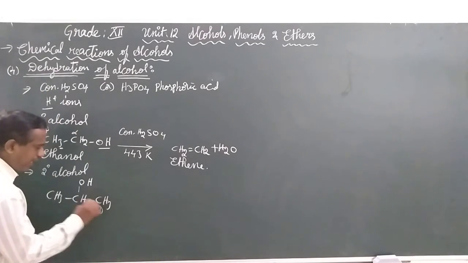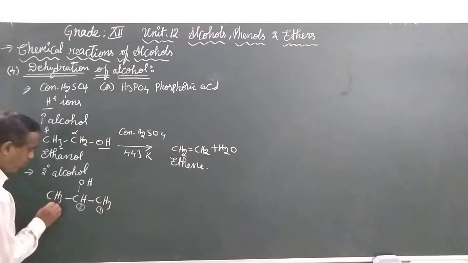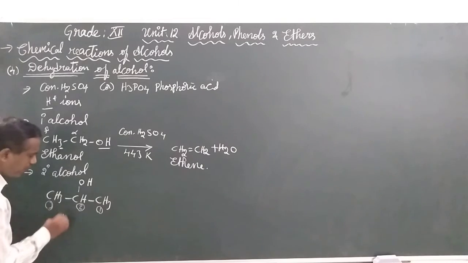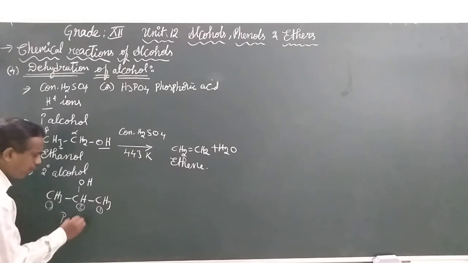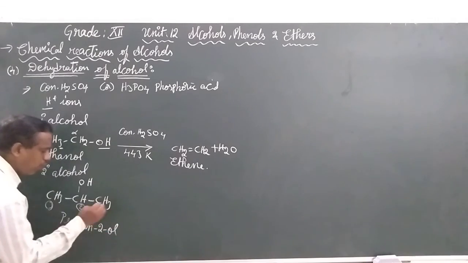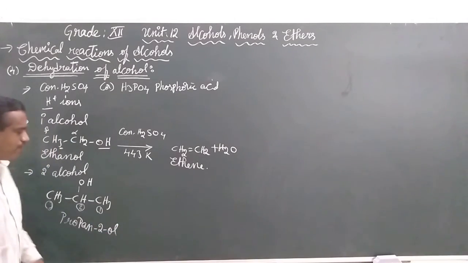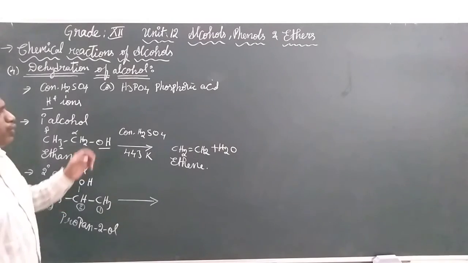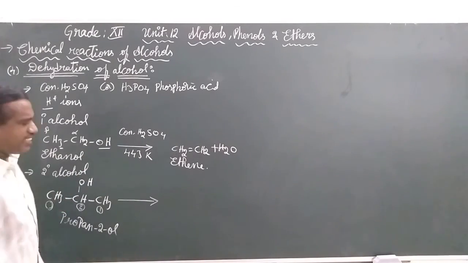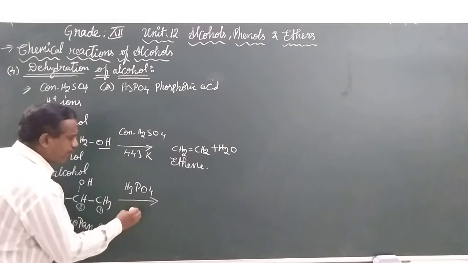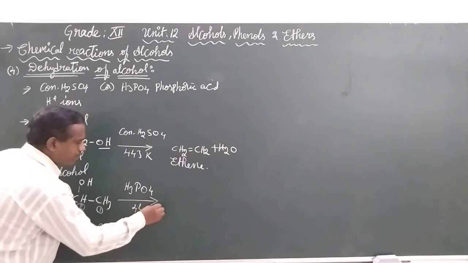There are 3 carbon atoms, so the longest chain is propane, and the alcohol group is on its second carbon, so we can call this propanol, or propan-2-ol is the exact name. Now, in this case, we are going to use phosphoric acid.